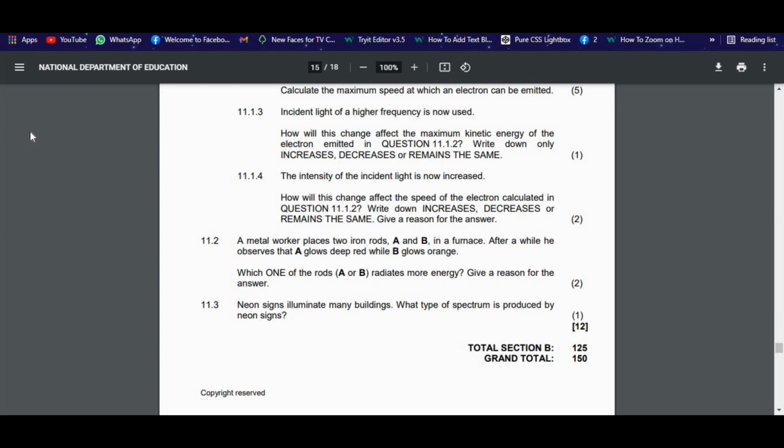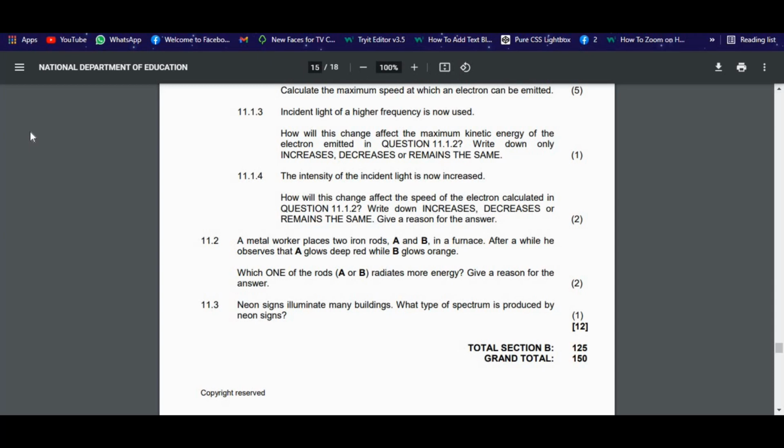Intensity doesn't have anything to do with the speed. The only two things that can affect kinetic energy are either the frequency or the wavelength of the incident light. That can only affect the kinetic energy, and the kinetic energy involves speed.